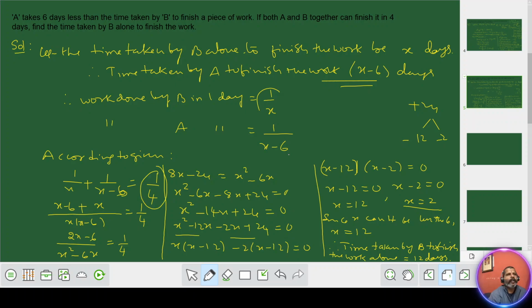Apart from that, you simplify by taking LCM and get the quadratic equation, and find the roots by factorization. Then if you get two values, you should know which one to ignore or whether to consider both, depending on the question. Okay, thank you.